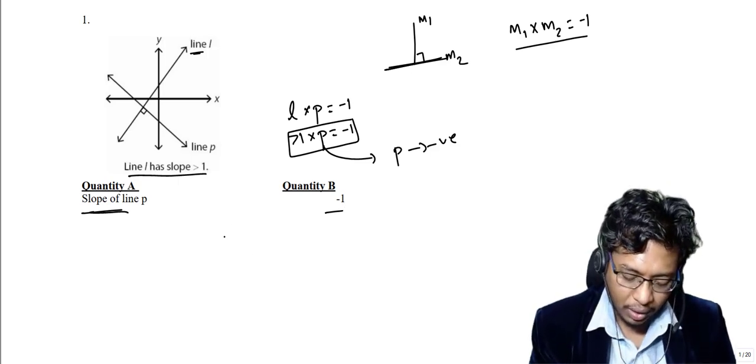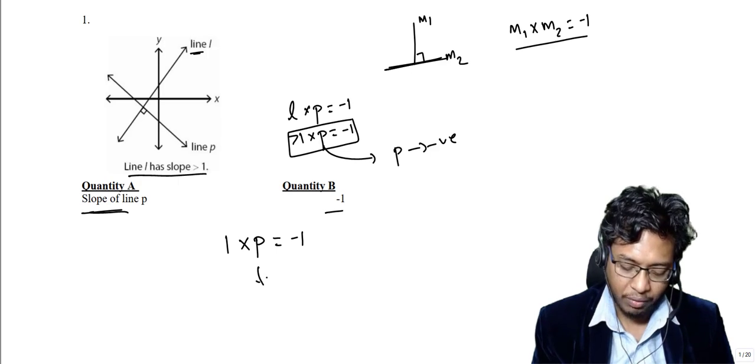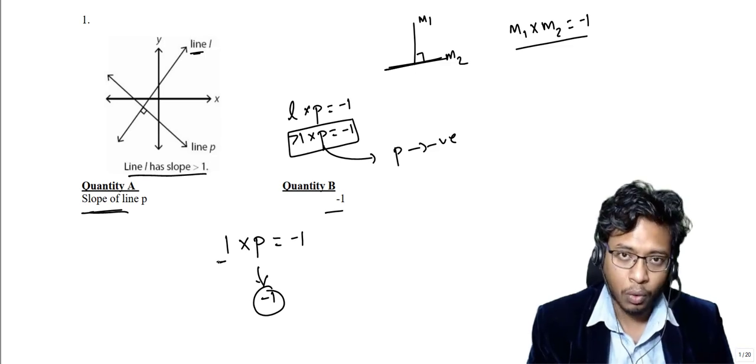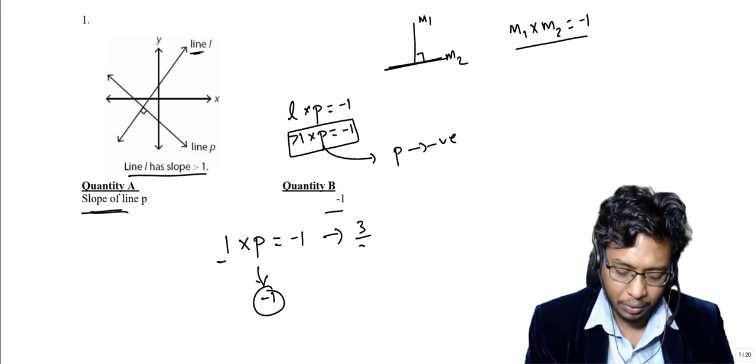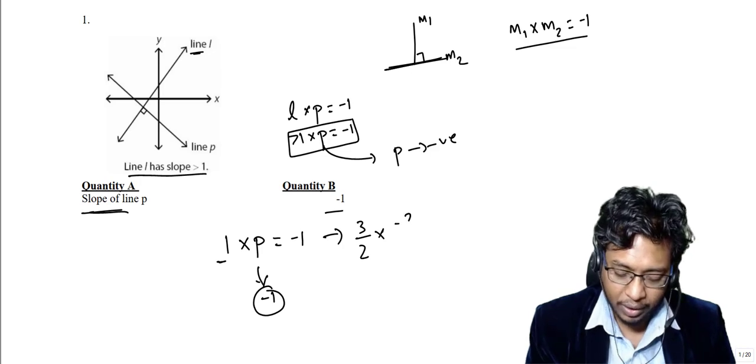Now you see here, you take 1 into P is equal to -1, which means your P will be equal to -1, right? But here it is not 1, it is greater than 1. So I will take some random number like 3 by 2, which is 1.5. 3 by 2 into P, this should be -1, so P should be -2 by 3, right?